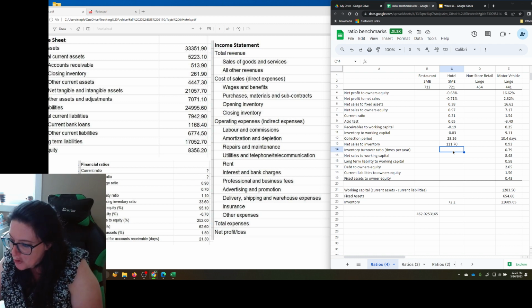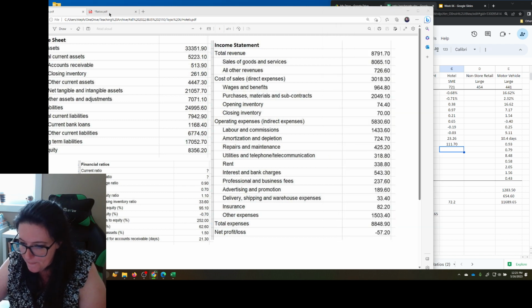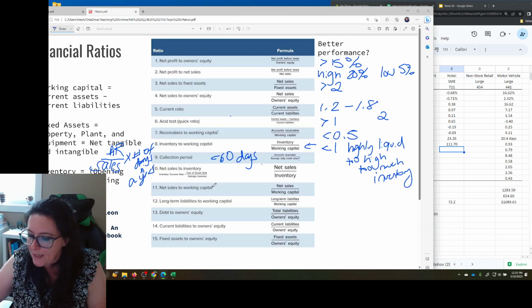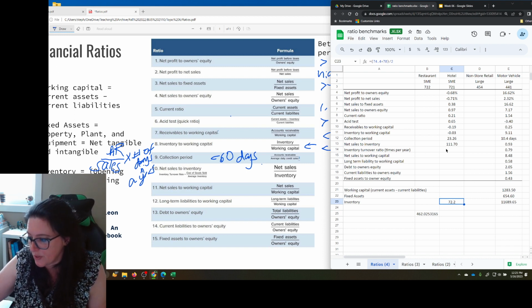So let's look at the inventory turnover ratio for the hotel industry. What we need is the cost of goods sold divided by our average inventory. We already have the average inventory, that's 72.2. Now we just need our cost of goods sold.